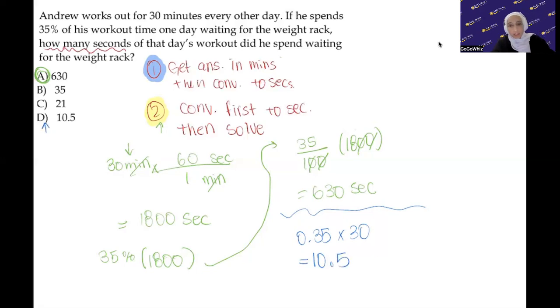They will typically put an answer that is the incorrect answer for making a silly mistake where you forget to convert, because the last step over here was to convert to seconds by multiplying that by 60. Then you would have gotten 630, right?